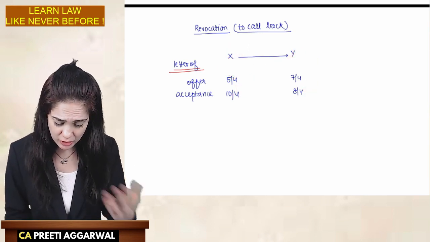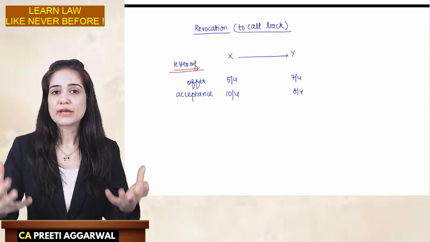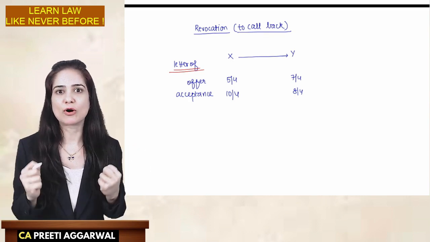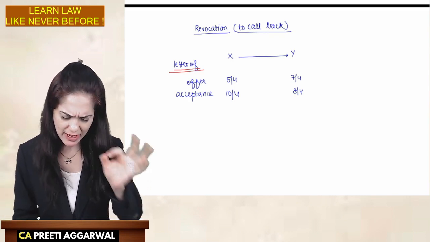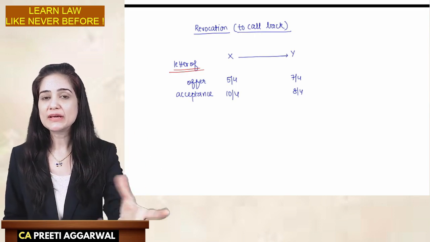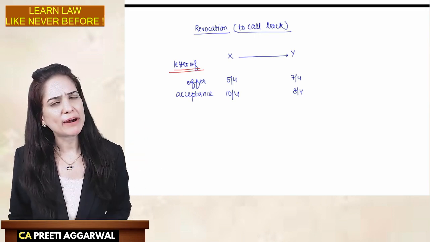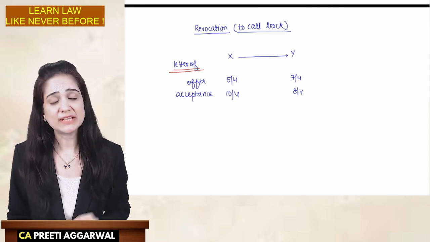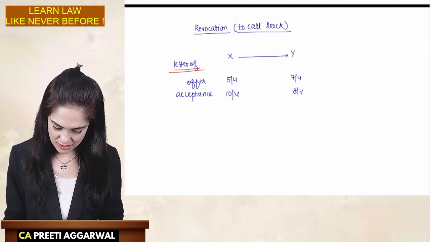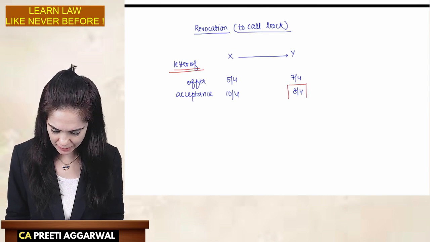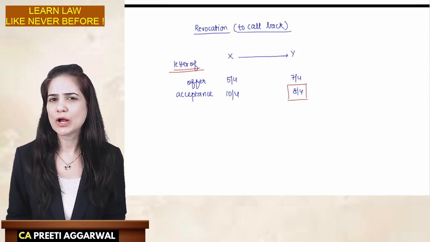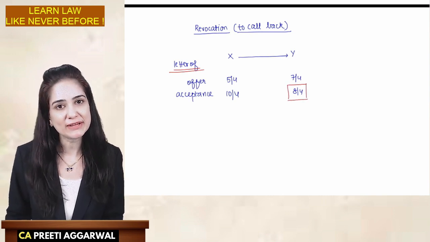X gave the offer, but now he wants to call back the offer. So by when can he revoke? By when can he call back the offer? When is X bound by the contract? When is the contract made for X? On 8th of April. So can I say he can call back his offer anytime before 8th?